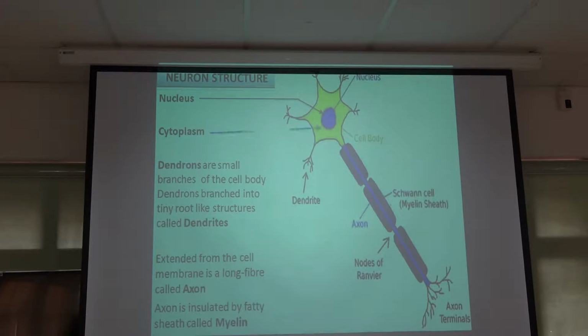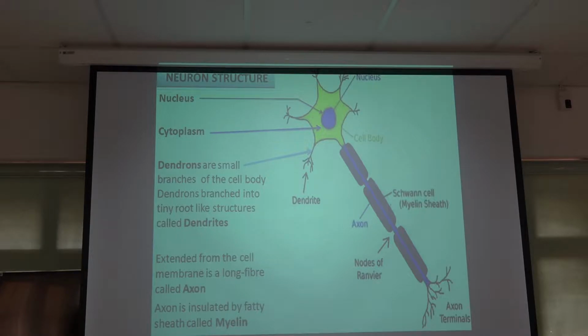And also we have a cytoplasm. Outside the cytoplasm is surrounded by a cell membrane. So, as I've said earlier on, a neuron structure represents the structure of any other normal human cell.